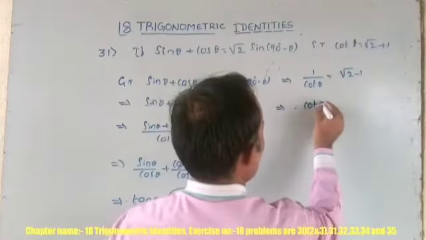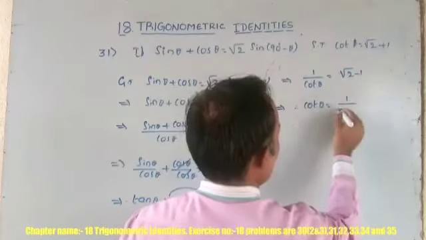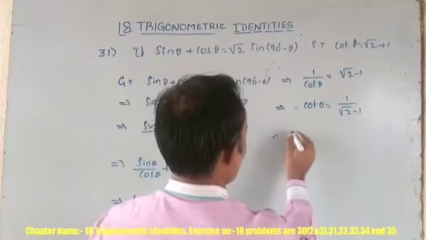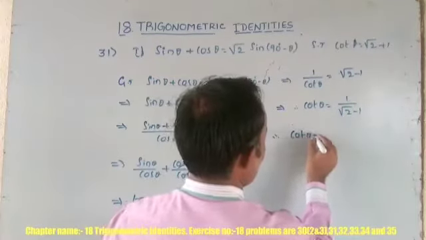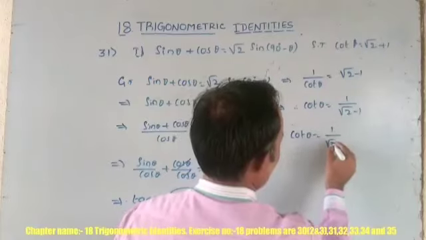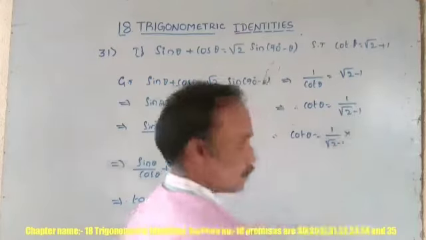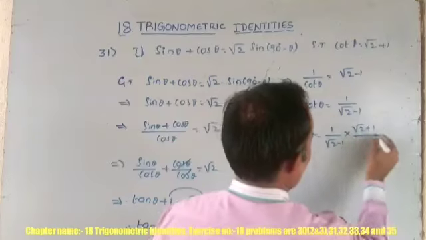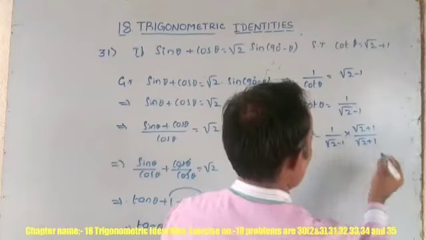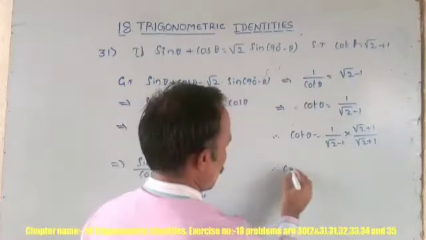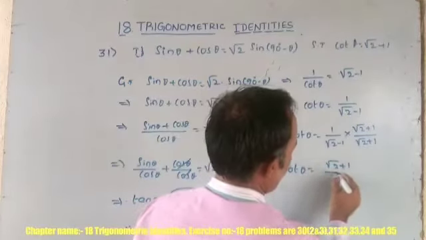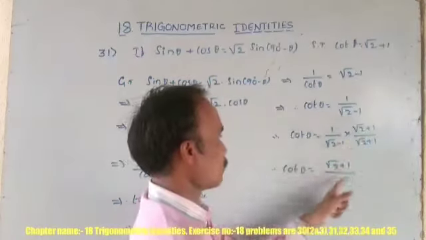Therefore cot theta is equal to, now you write the reciprocal, 1 divided by root 2 minus 1. Rationalize the denominator, that is, multiply by root 2 plus 1 divided by root 2 plus 1, the conjugate of the denominator. Therefore cot theta is equal to root 2 plus 1 divided by 1 into root 2 plus 1, root 2 plus 1.